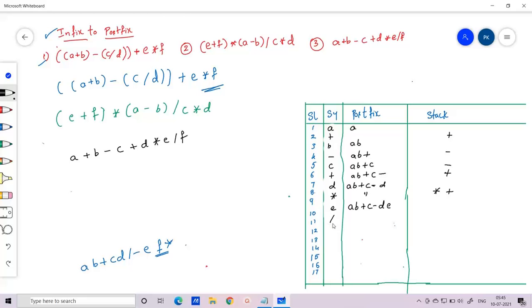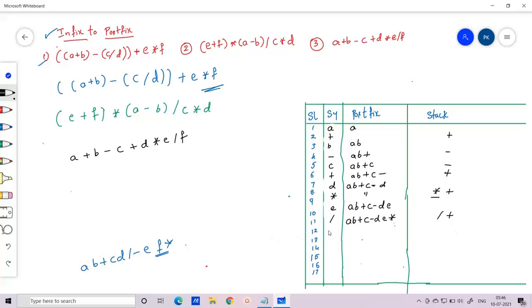Once I find the divide by symbol, you can see you have the multiplication operator in the stack, which has the same precedence as divide by, so that has to be removed. So I'll be writing AB plus C minus D E into, okay, and since plus has lesser precedence than divide by, it cannot be removed. So I'll be adding divide by onto the stack, and plus will remain as it is in the stack.